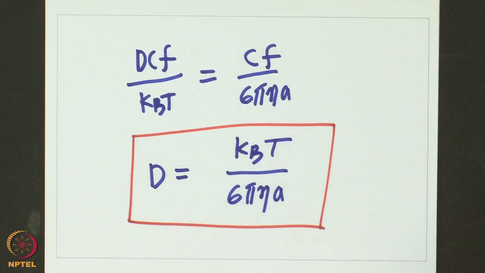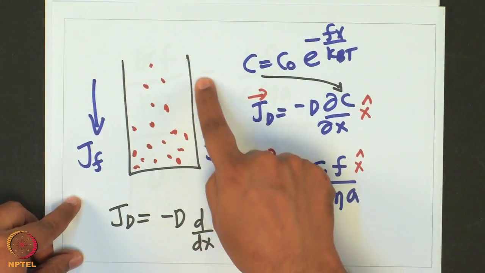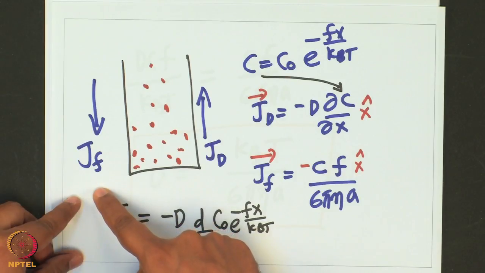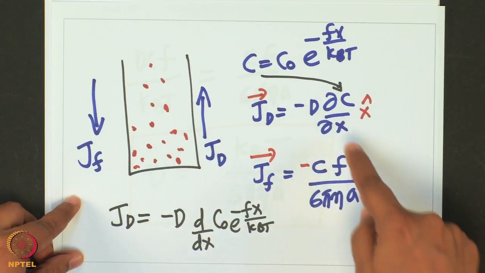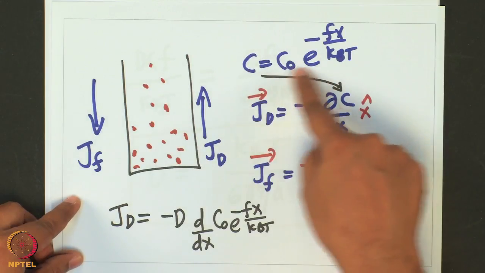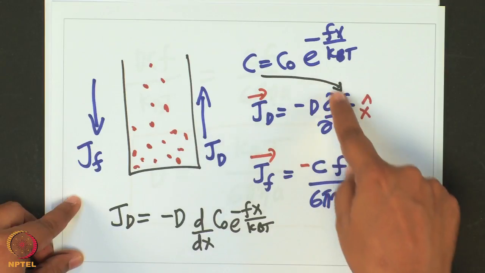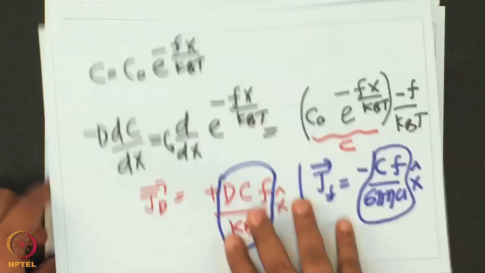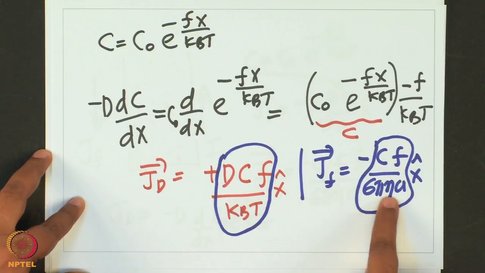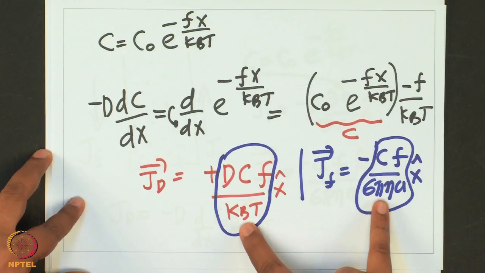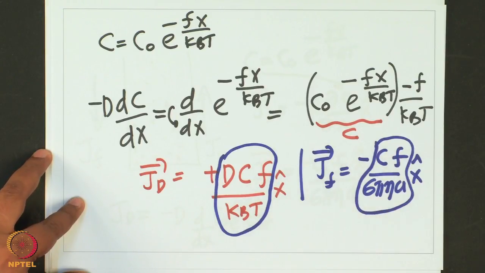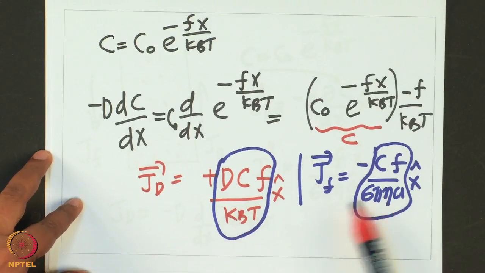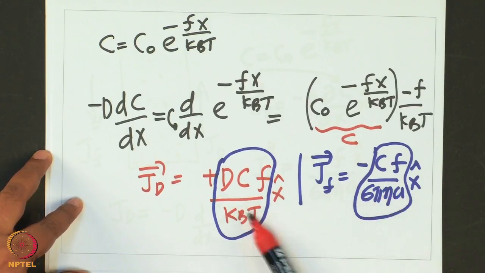One can show from simple calculus that by equating the diffusive current going up and the flow due to force going down, assuming C is equal to C0 e power minus fx by kBT, I would get these two currents Jf and Jd, and their magnitudes are shown here in this circle.